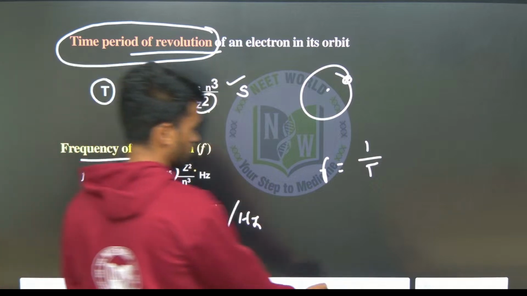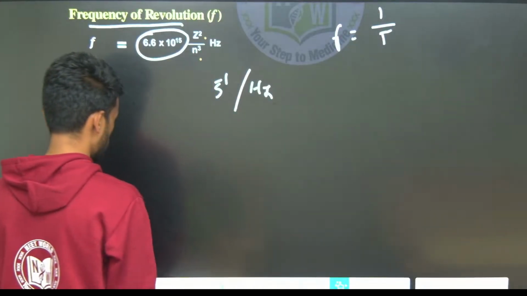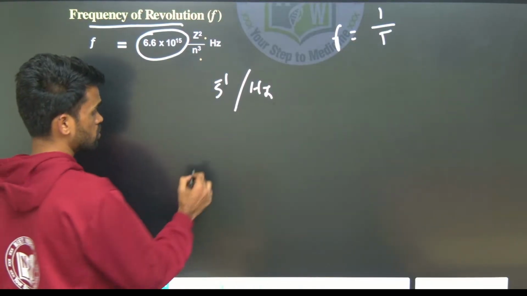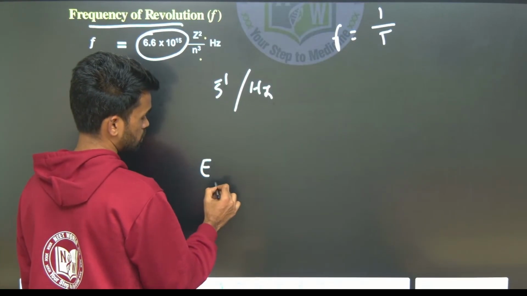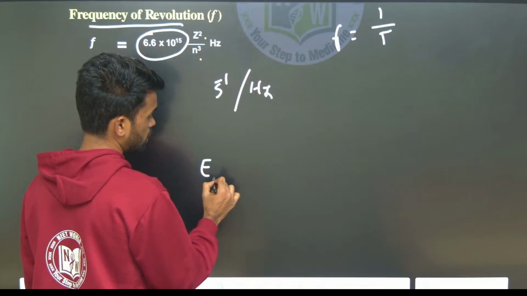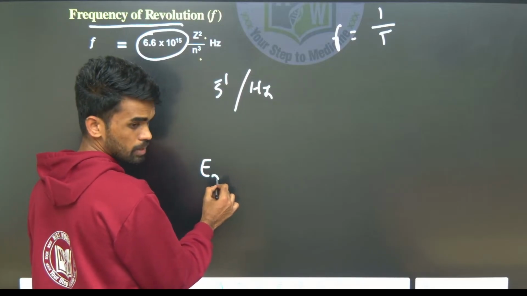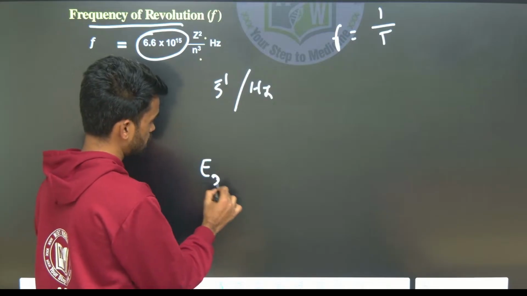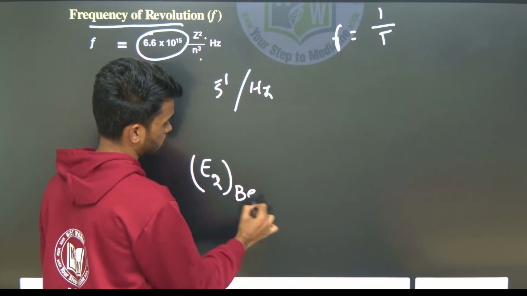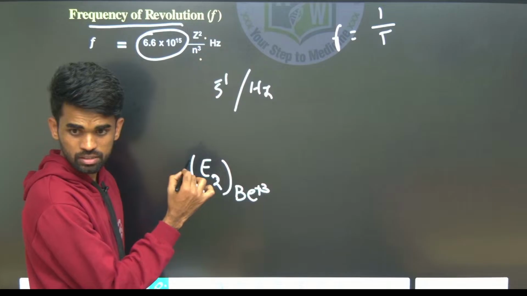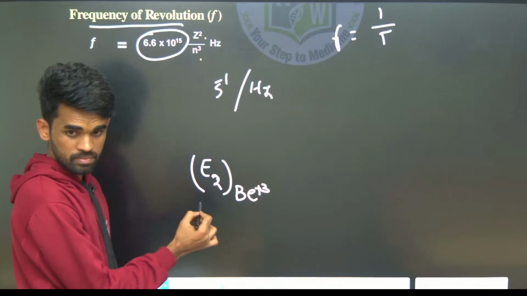What is the question I am given? The energy of the electron in which orbital? n equals 2, the second orbit of helium plus, and I am asked about beryllium plus 3. You gave helium as x.